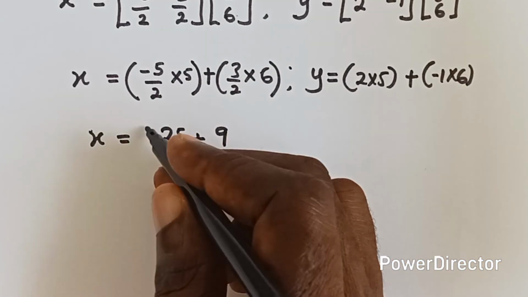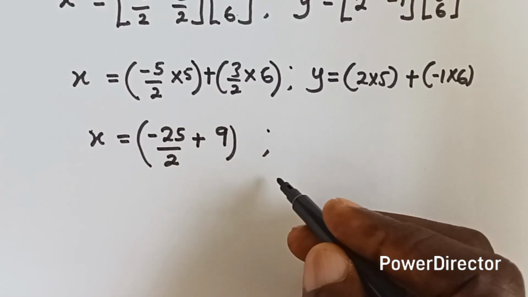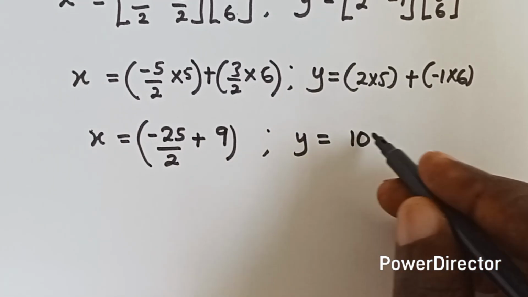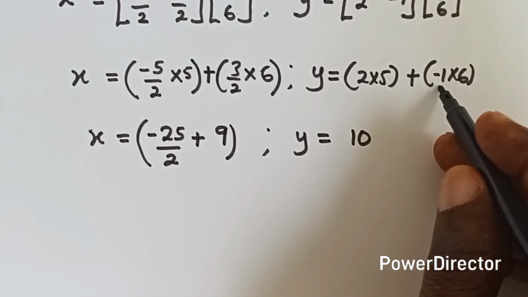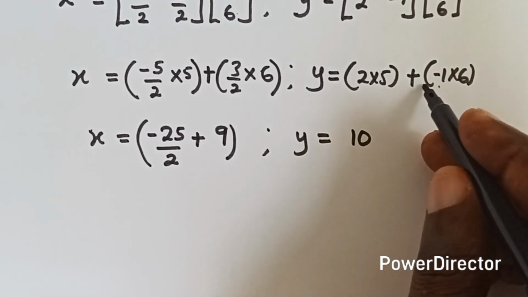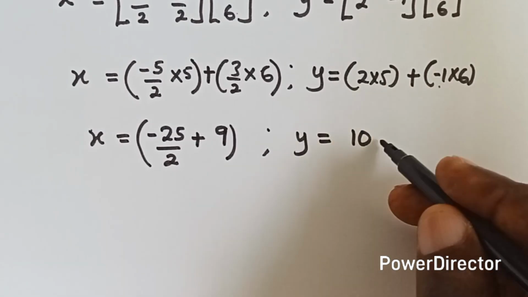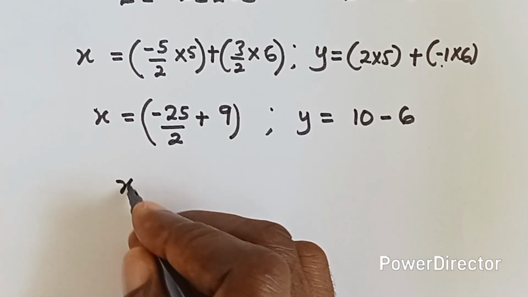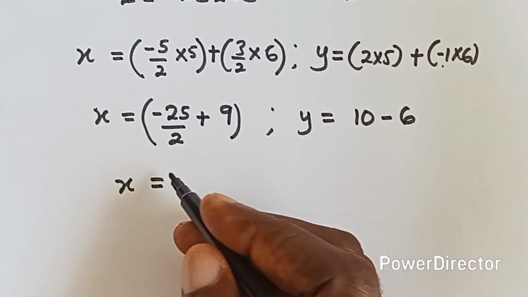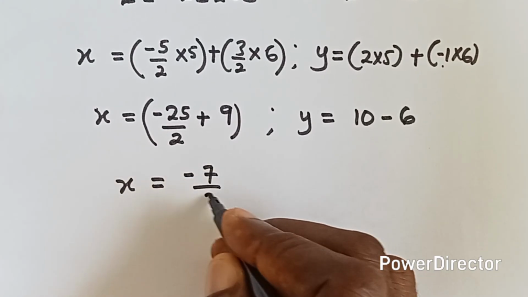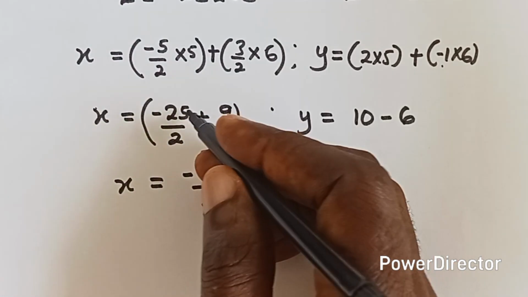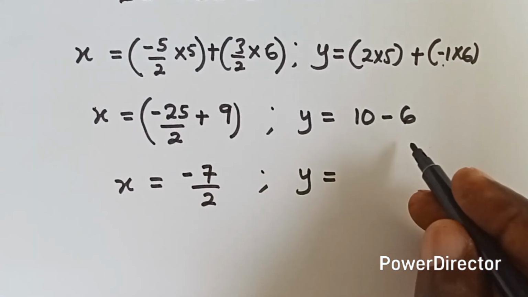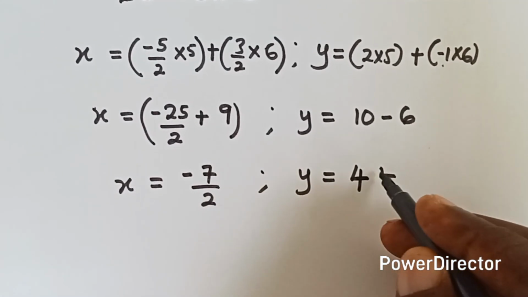Then for y, 2 times 5 gives us 10, then minus 1 times 6 gives us minus 6. When you simplify that, we get minus 7 over 2, and 10 minus 6 gives us 4.